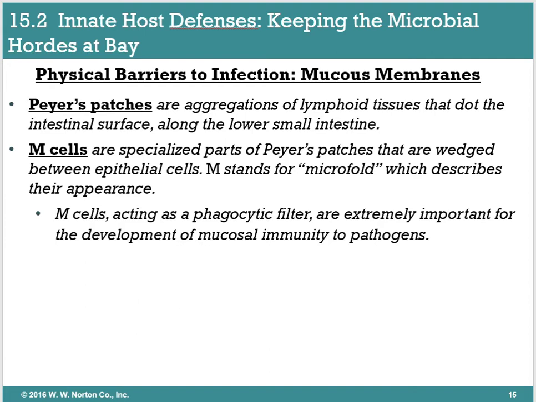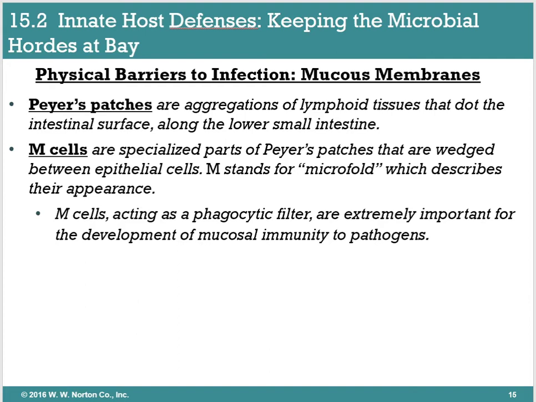M cells are a specific part of Peyer's patches. These are in between epithelial cells of our intestines. And what they do is that they act as a filter. And as that filter, if anything needs to be phagocytosed or chopped up, the M cells will actually do that and digest the microbes if necessary.